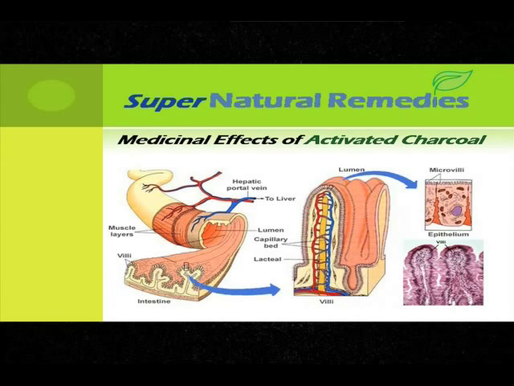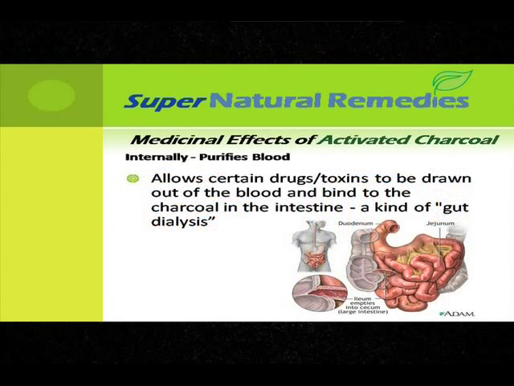But when charcoal is coating these, and blood is coming through here, certain toxins and chemicals can be pulled out almost like a magnet, so that they can be eliminated through the intestines. Does everyone see how that works? It's like sucking dust out of the carpet, except the charcoal is the vacuum cleaner, and the dust is the toxins.